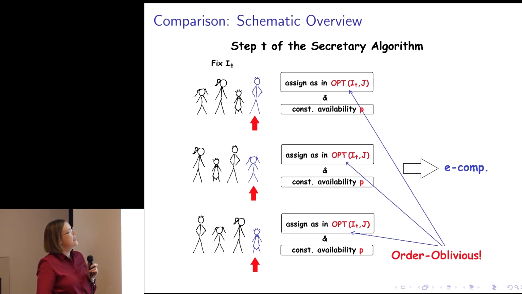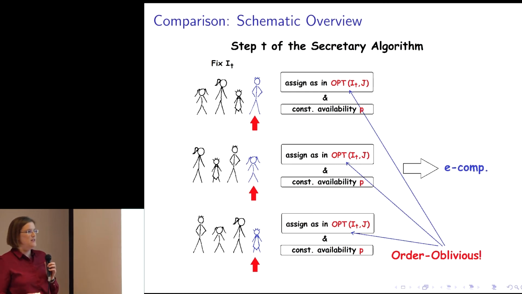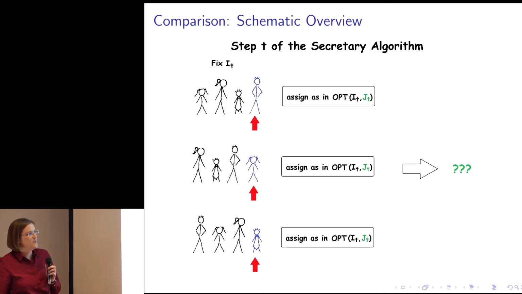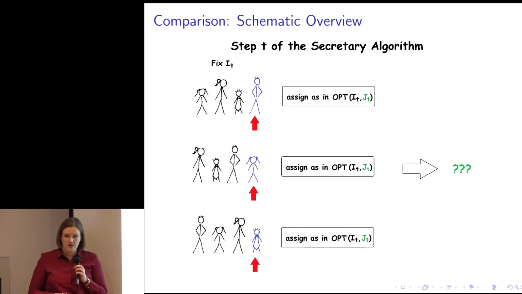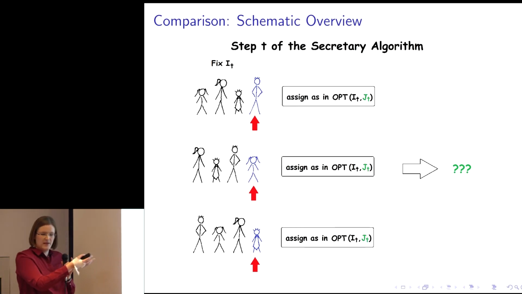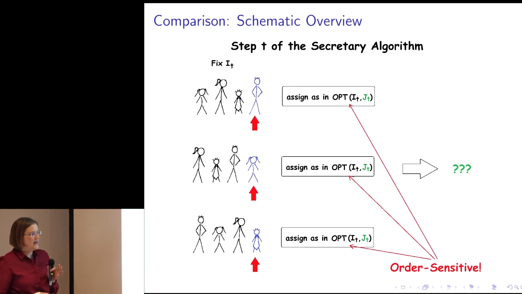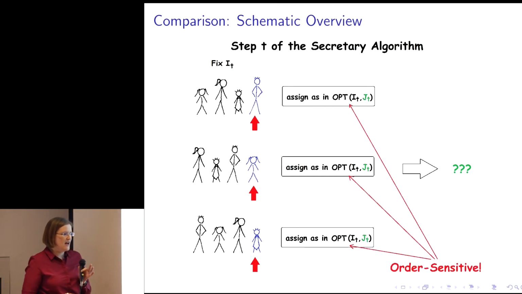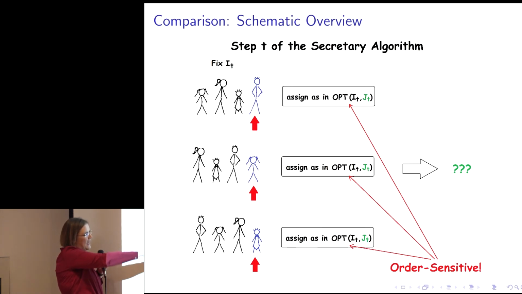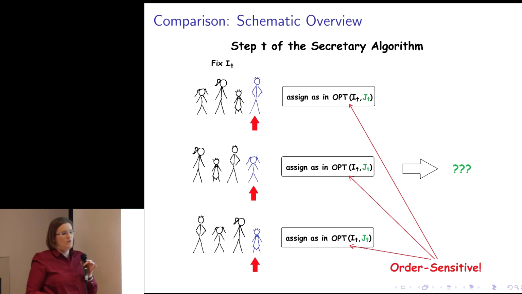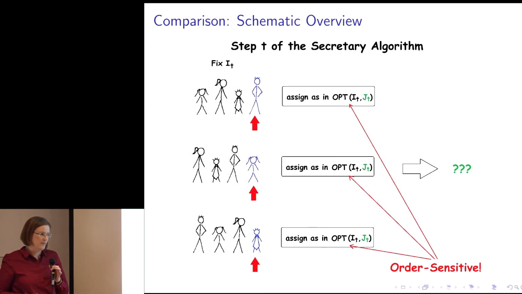Okay. Now what we had before looked like this in the schematic overview. What we have now is like this. So there's no need anymore for a constant probability of availability, because everything we offer is available per se. However, we don't really know what happens here. One observation is that these are not the same matchings anymore. So what I compute for one order might differ from the matching I compute for a different order.